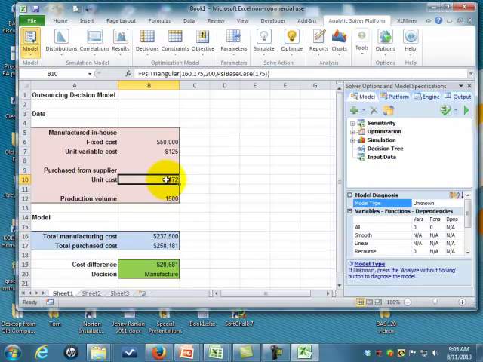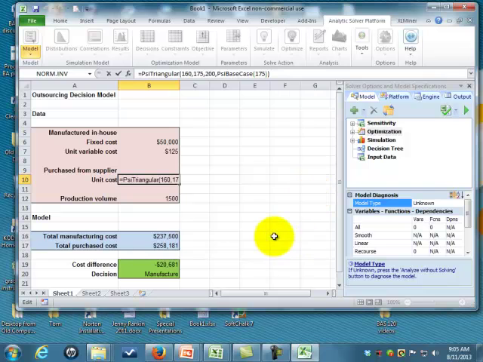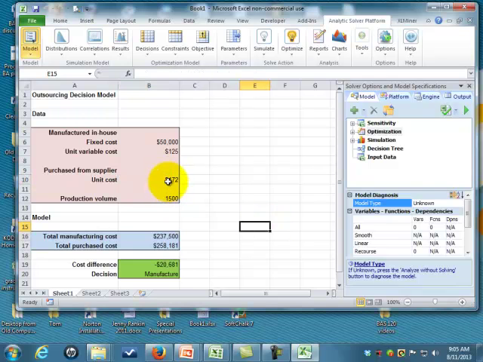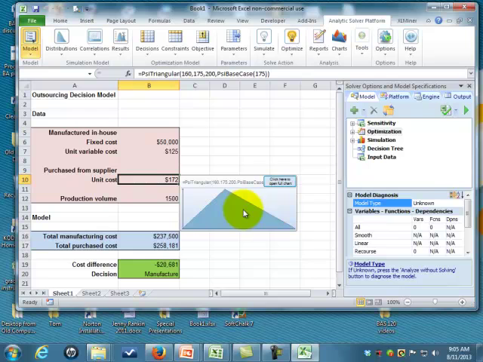Now what we've done, and notice it's already done, it's put in this triangular function. If you don't like rounded numbers, you can always put a round function in front of that. So notice if I hover over this a little bit, it pops up the triangular function that we have.